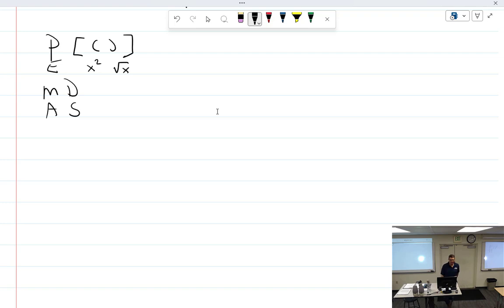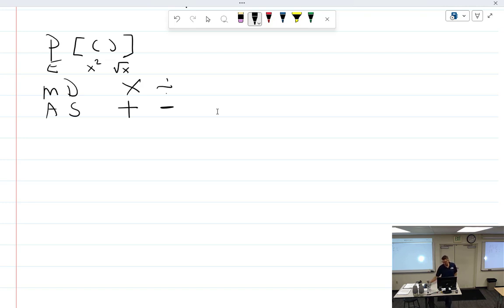M and D, multiplication and division. The reason I wrote it on that line and not straight down is because they have equivalents. They are not one over the other, but it goes left to right. So it's multiplication and division from left to right, and A and S is addition and subtraction from left to right.